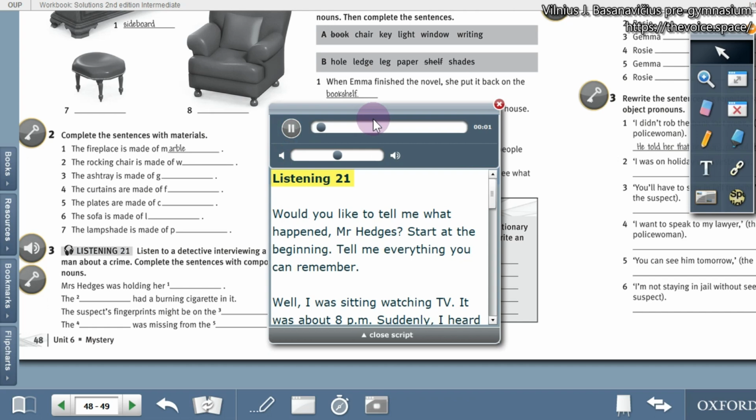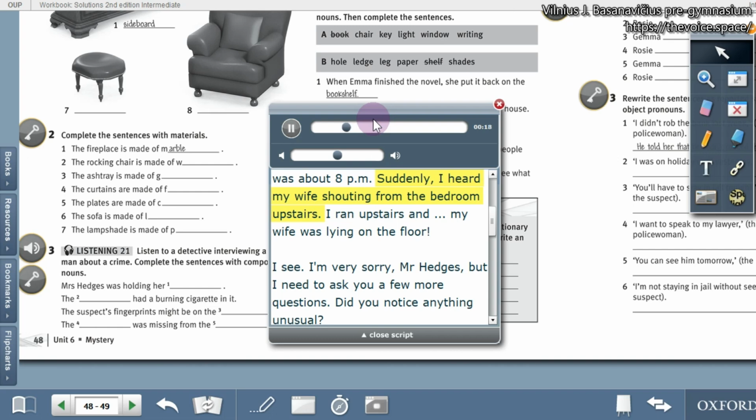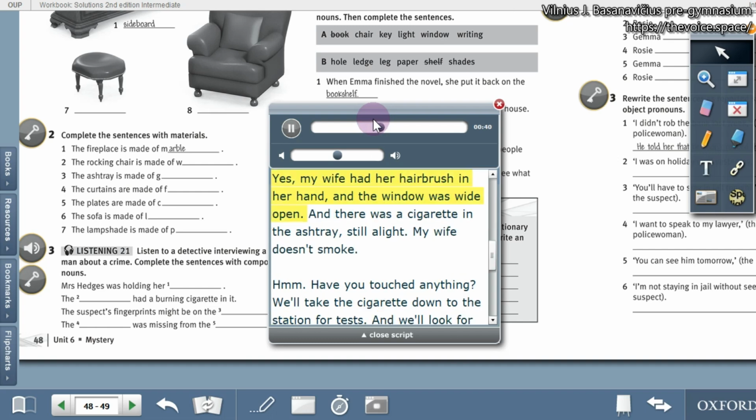Listening 21. Would you like to tell me what happened, Mr. Hedges? Start at the beginning. Tell me everything you can remember. Well, I was sitting watching TV. It was about 8 p.m. Suddenly, I heard my wife shouting from the bedroom upstairs. I ran upstairs and my wife was lying on the floor. I see. I'm very sorry, Mr. Hedges, but I need to ask you a few more questions. Did you notice anything unusual? Yes.